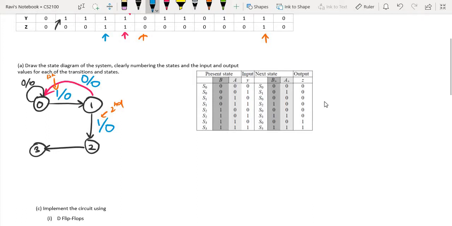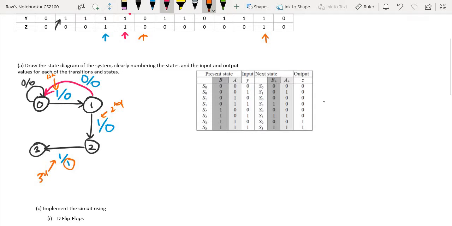This is the third one, and at this point my output will be a 1. So I've detected 3 ones in a row, and now the output is a 1. When I reach state 3, that is where I generate the output 1.